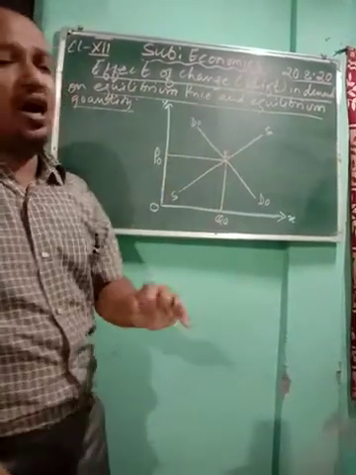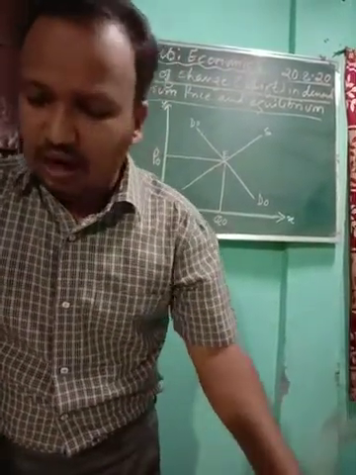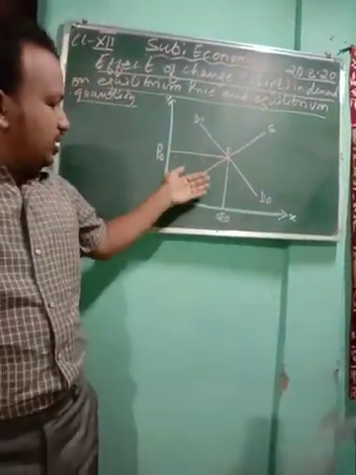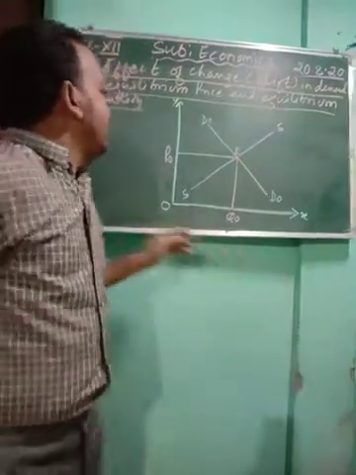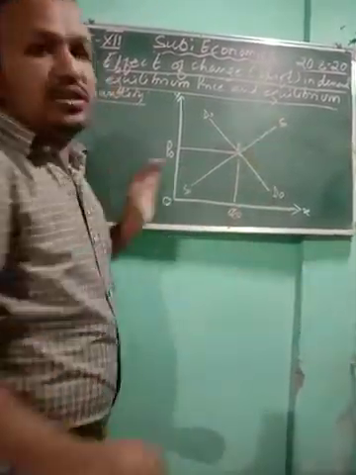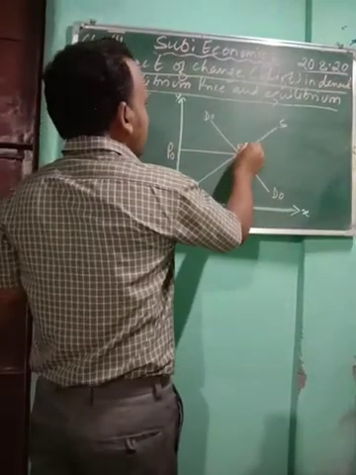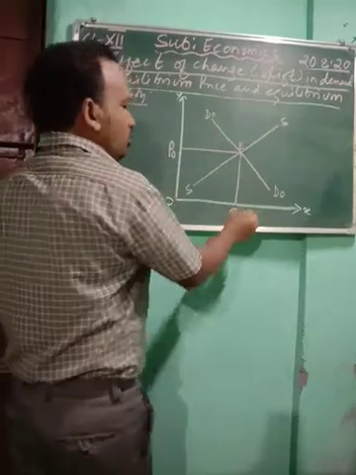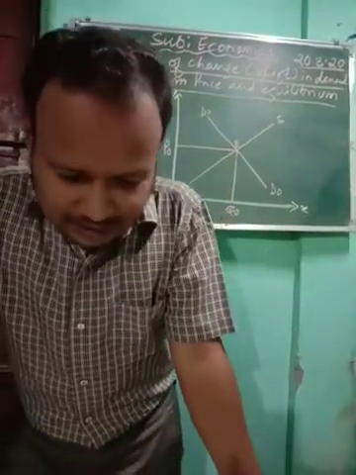Now we are going to see how there will be a shift. In this diagram it is shown that D0 is your demand curve, S is your supply curve, E is your equilibrium point, P0 is your equilibrium price, and Q0 is your equilibrium quantity.